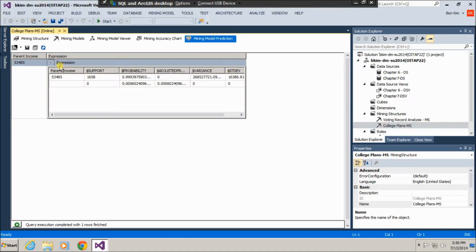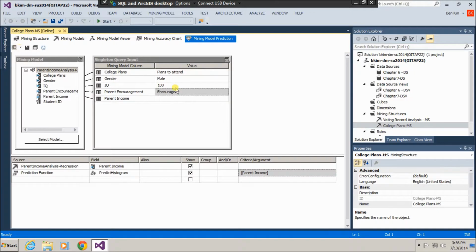All right, so let's take a look. How about a female with an IQ of 140, and parent not encouraged.